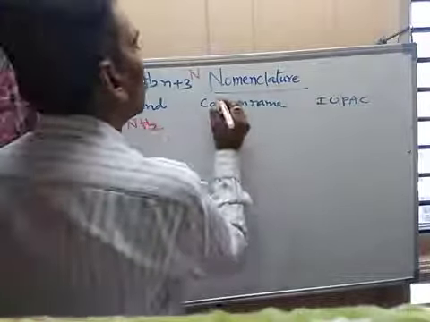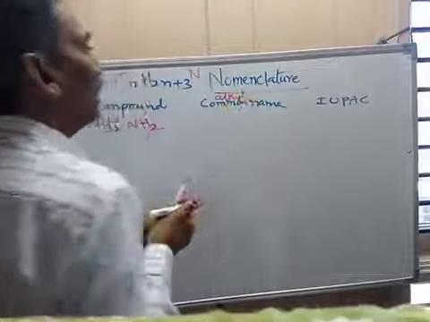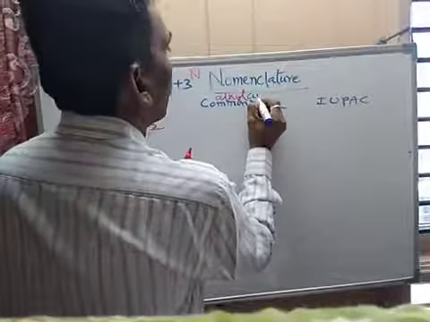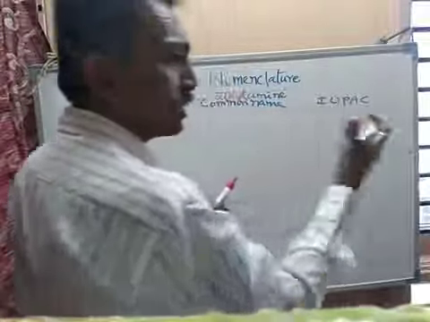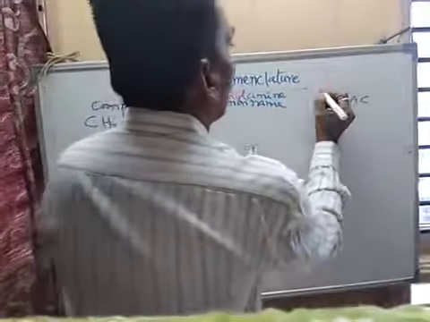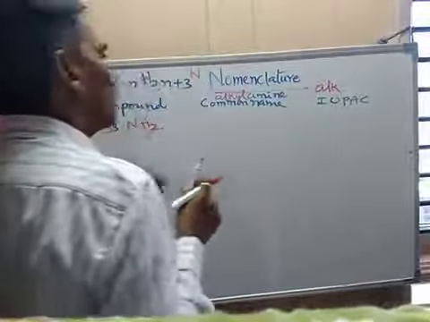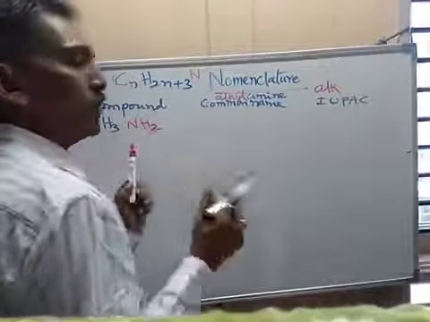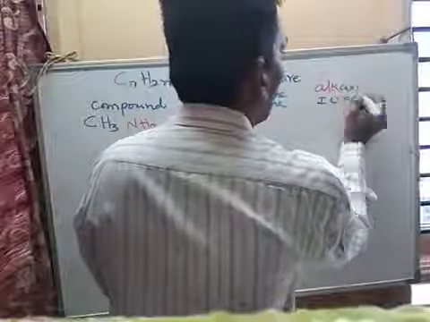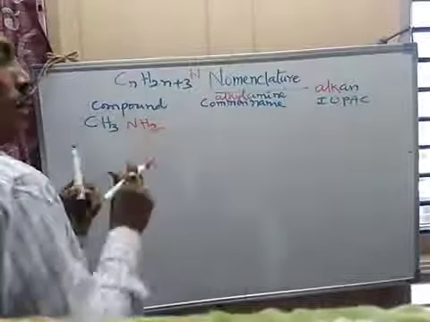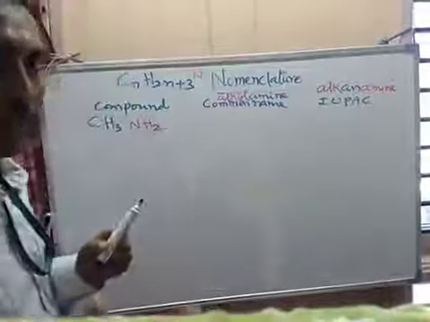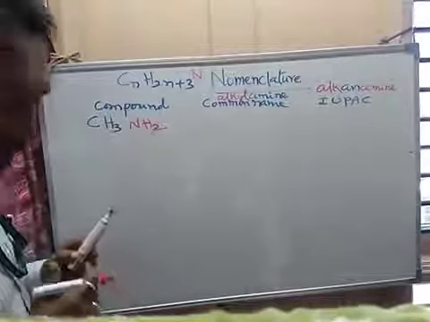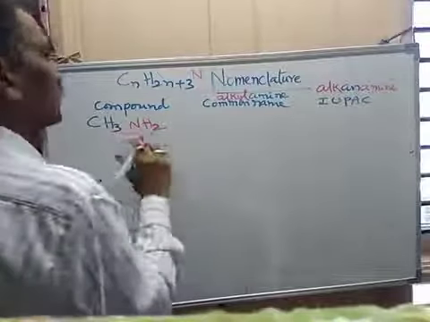Just the name of the alkyl group, that is alkyl, and the suffix is amine, and the rhyming word available is alkylamine. But in the IUPAC name, how do you name it? The number of carbon atoms in the longest chain is given by alk, and the nature of the carbon chain, generally a single bond, is given by an. NH2 is the functional group denoted by the secondary suffix amine, and the rhyming word available is alkanamine, as methanamine, ethanamine, propanamine, butanamine, etc. Clear? Yes, it is.